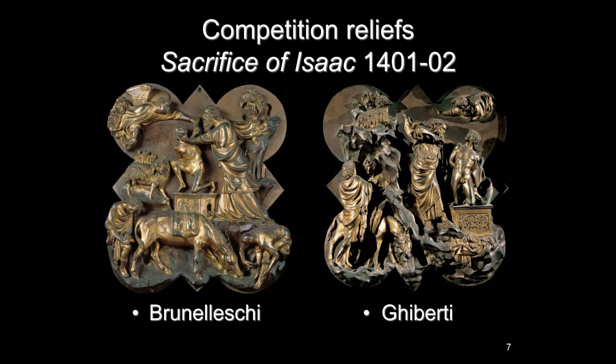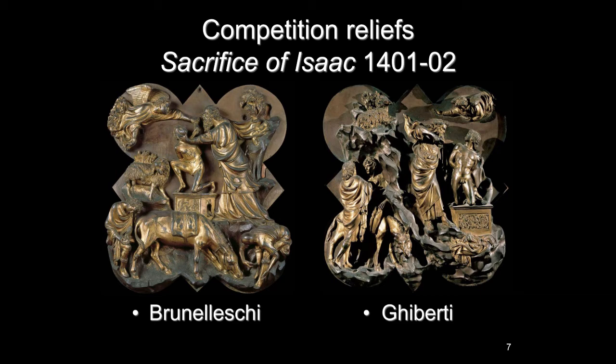The sacrifice of Isaac is a very familiar story from the book of Genesis. The patriarch Abraham gets it into his head that God wants him to prove his obedience to God by sacrificing his son, Isaac.